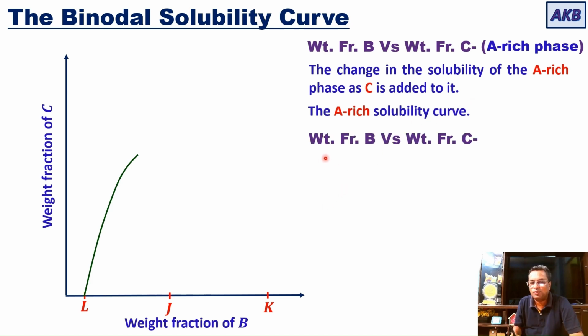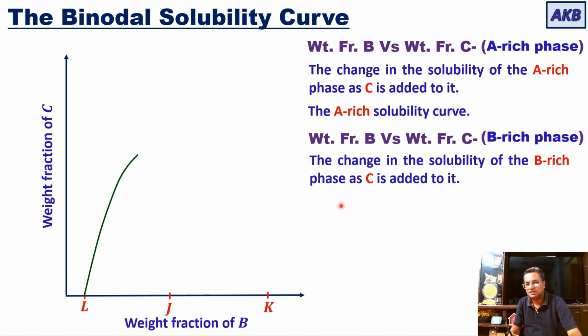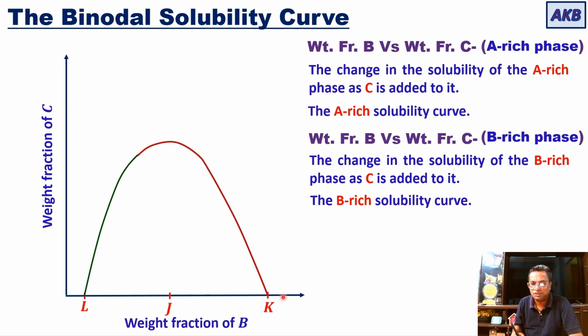Similarly, when you plot weight fraction of B versus weight fraction of C for the B rich phase, you are going to get how the solubility of B rich phase changes as you go on adding C to it, and you'll be getting the B rich solubility curve, which now I'm showing in brown color. So you get two curves, and the two curves in combination form the binodal solubility curve.